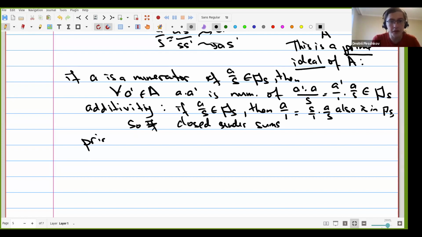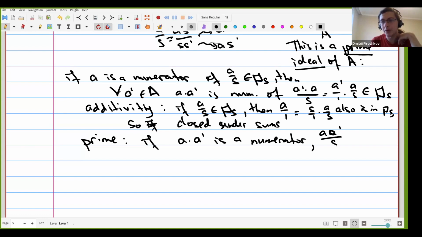Now we need to check that it is prime. If a times a' is a numerator, this means that a times a' divided by something lives in our prime ideal P_S. Then we can write it as a/1 times a'/s, which lives in P_S.